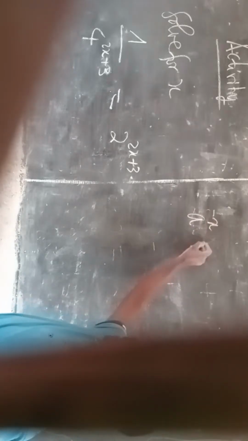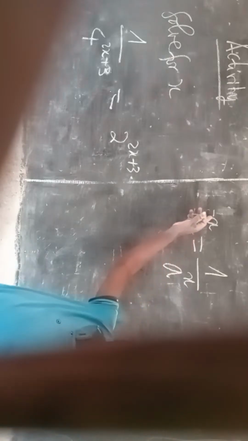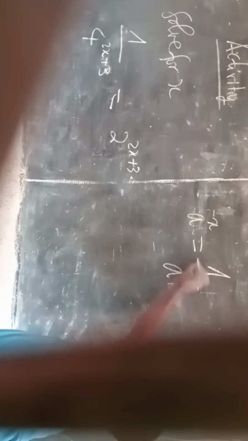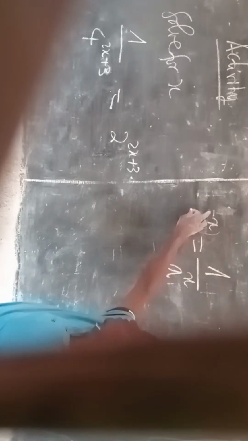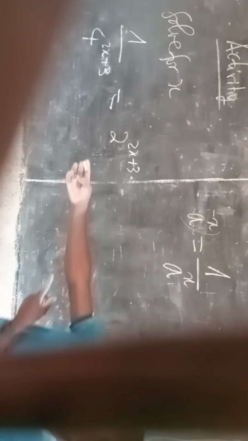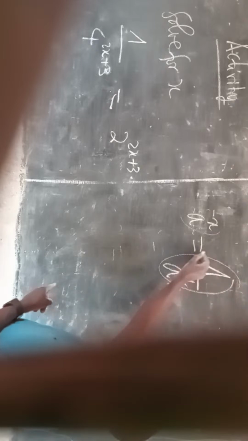The reciprocal of a power minus x will be 1 over a power x. You see, that negative has been changed into 1 over this one without the negative. Now it is what we are going to do to this question. We are going to change this one into this negative one.